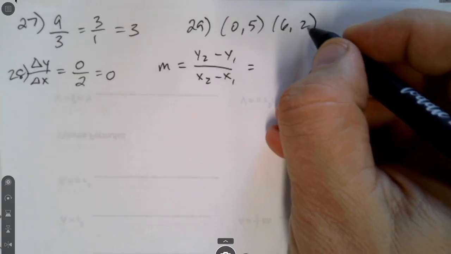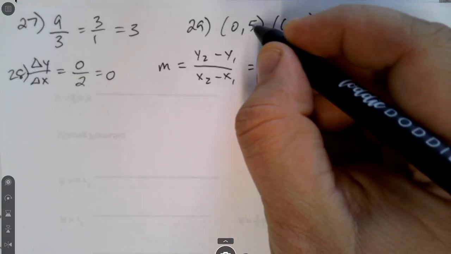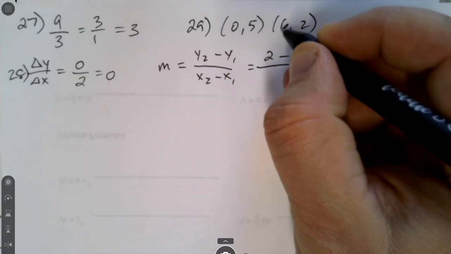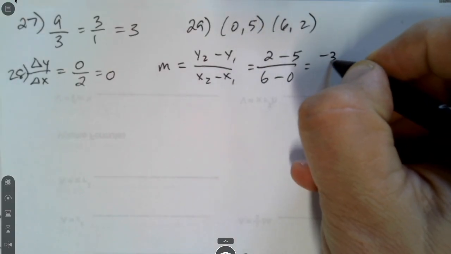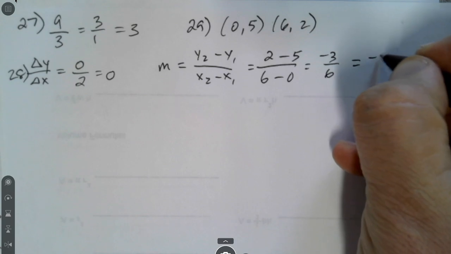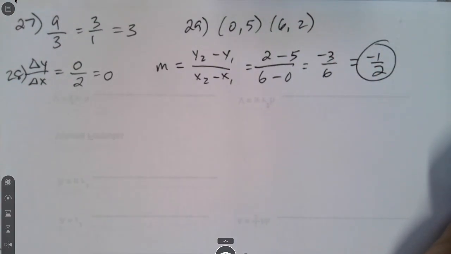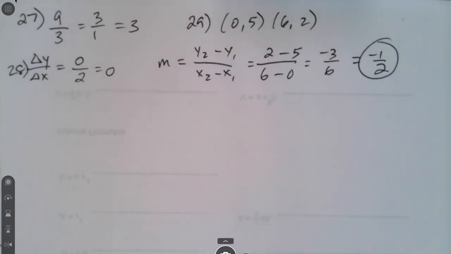So for this one, y2 is 2, y1 is 5, x2 is 6, x1 is 0. Gives us negative 3 over 6, which reduces to negative 1/2 for the slope. So slope and rate of change are the same thing.